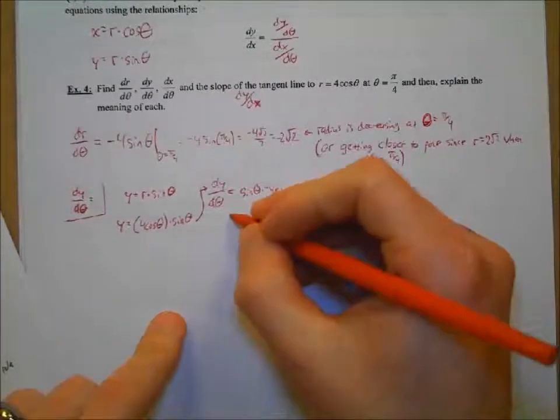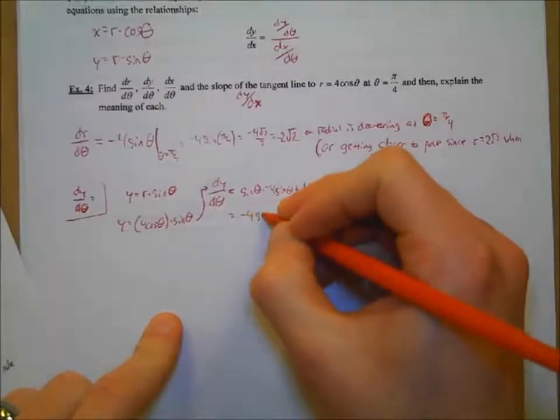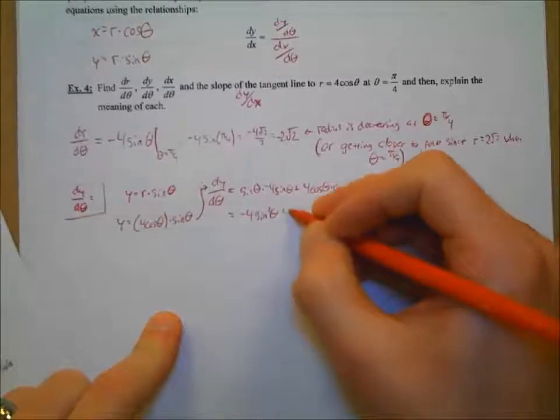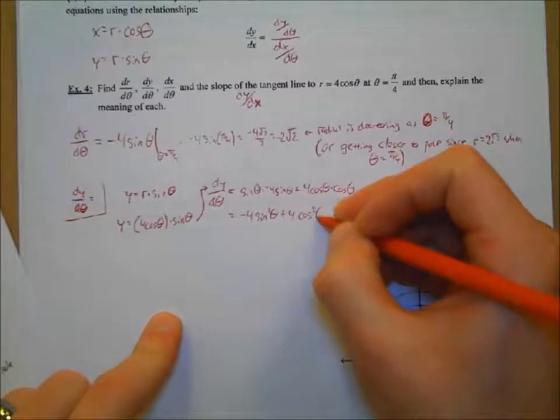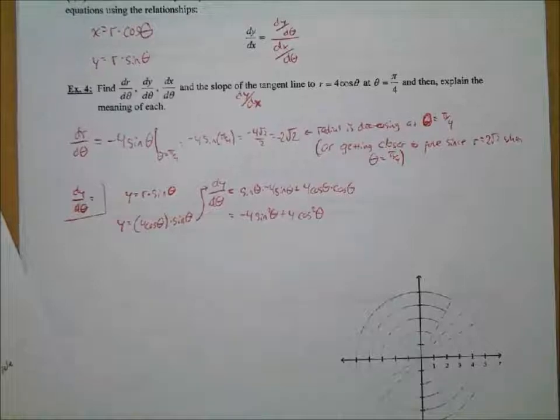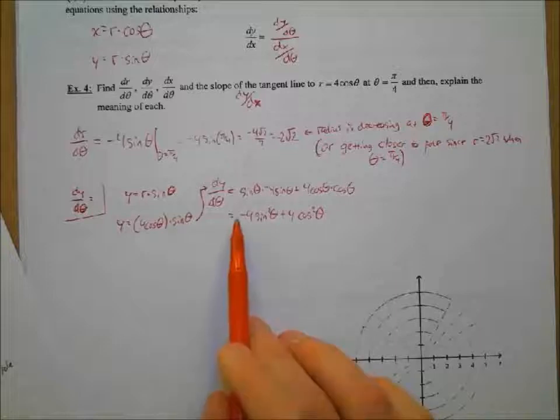Which if I simplify that a little bit, it's negative 4 sine squared theta plus 4 cosine squared theta. Can we use the Pythagorean identity here, sine squared plus cosine squared? Yeah, no, because we got a negative sine squared there, right?